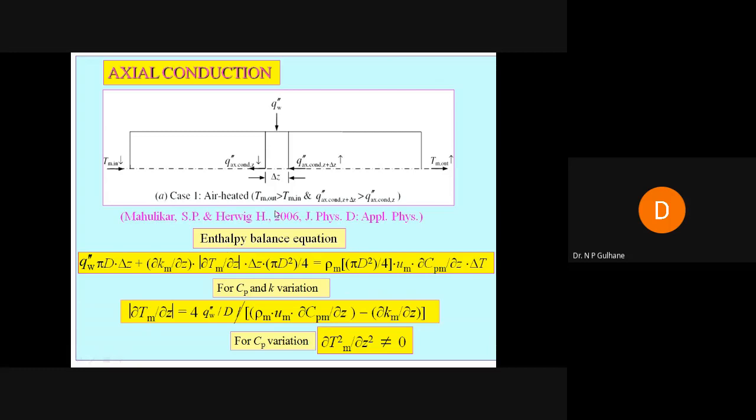We have written the enthalpy balance equation for this control volume: the amount of heat flux entering and the amount of heat flux leaving for this delta Z region, for Tm incoming and Tm outgoing. So you can see this is very effective for Cp variation and Cp and K variation. This is one of the rarefaction effects which we come to know about in microfluidics. So we cannot avoid this axial conduction effect. This is very, very important.